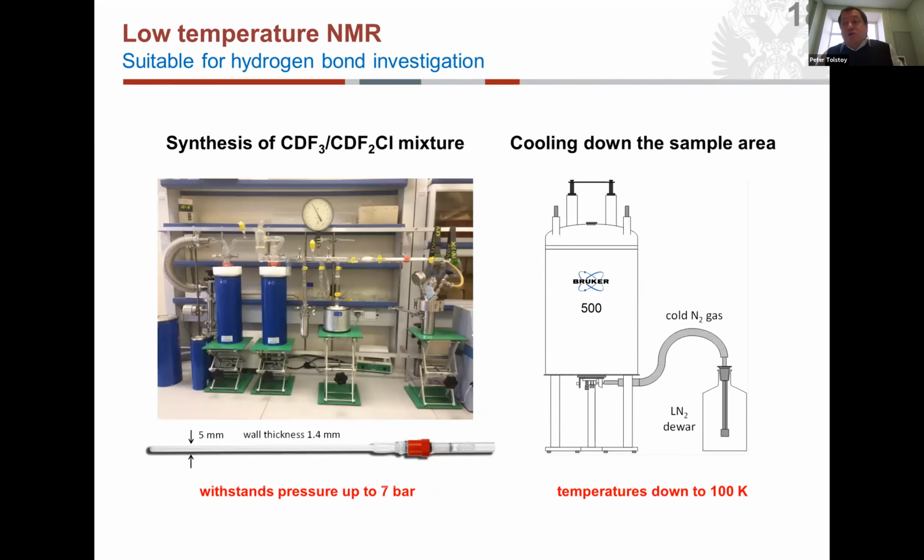So in order to overcome this obstacle, we have used liquefied gases as solvents. At room temperature, these fluorinated methanes, or fluorinated and chlorinated methanes, are gases. But at low temperature, they become liquid, and this liquid can serve as a convenient solvent for the low temperature measurements.